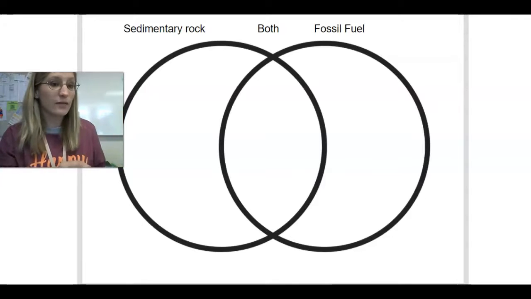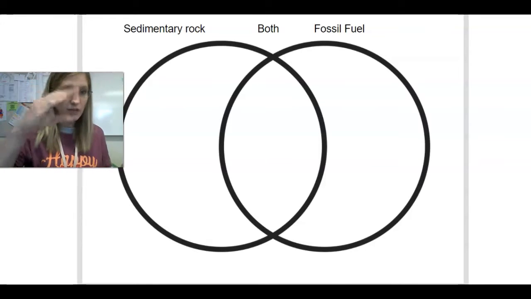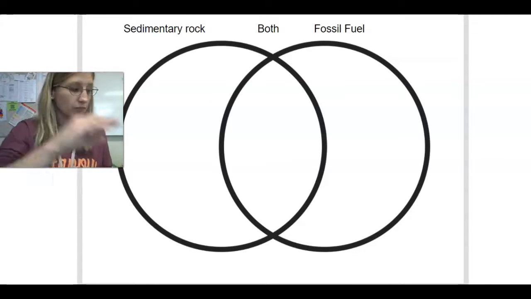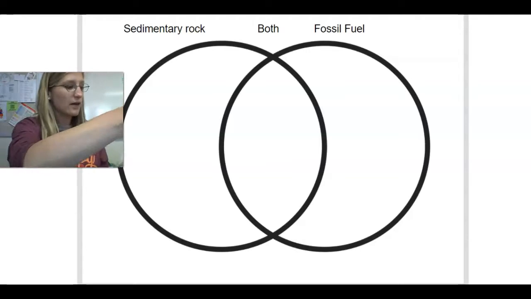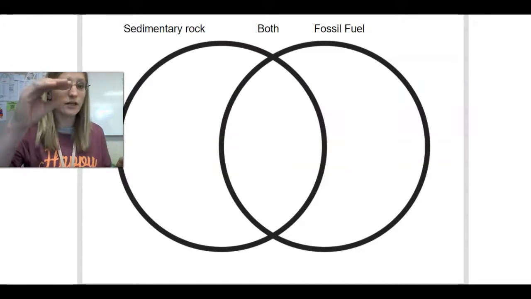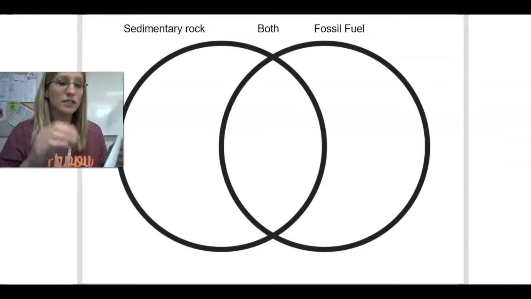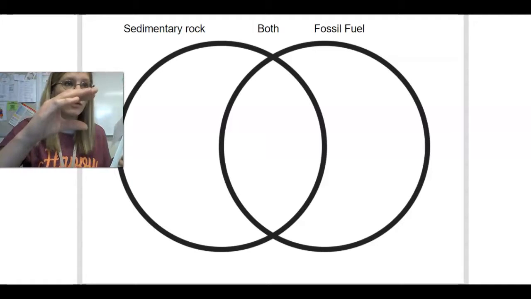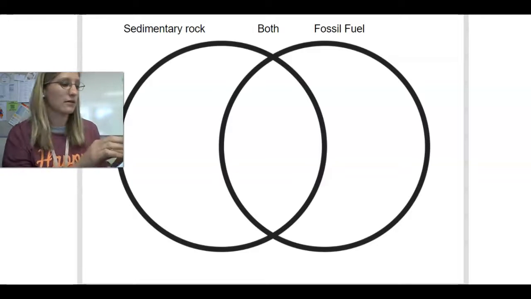Good. And remember what we talked about? We talked about how it's compacted, and then it is sedimentation, right? Sedimentation glues it together. Compaction will press it down, push it down.